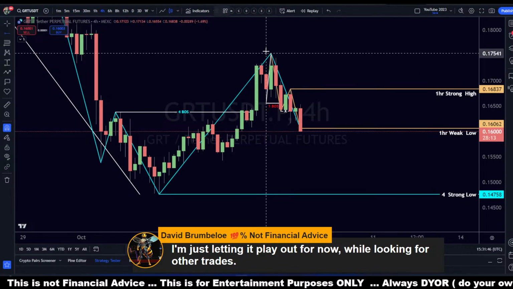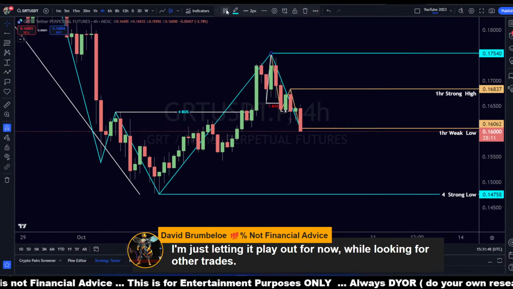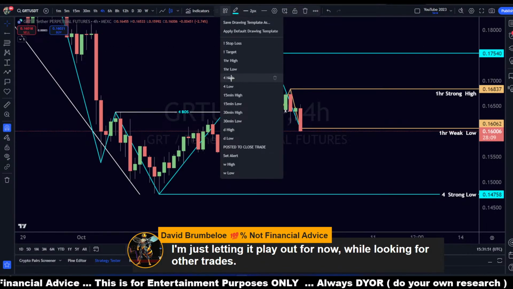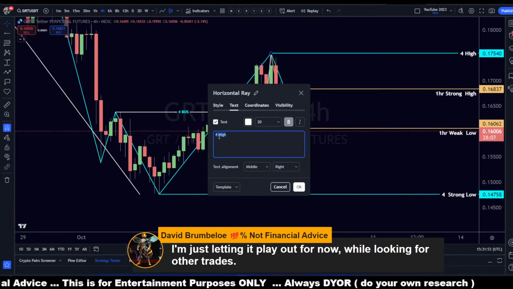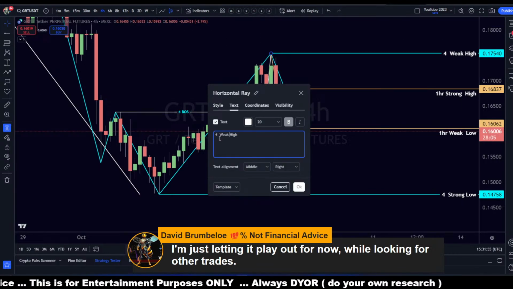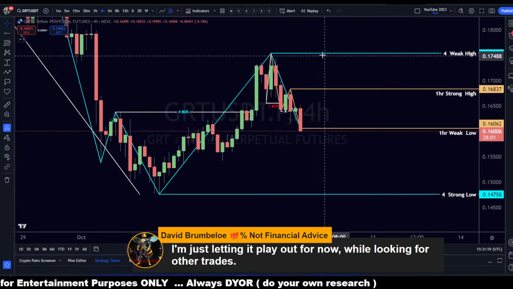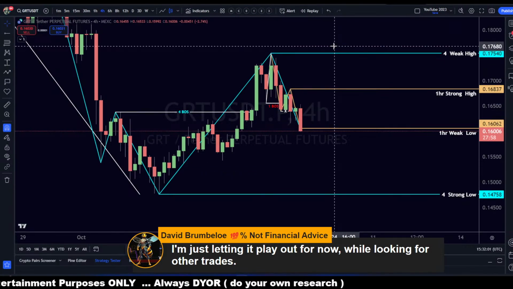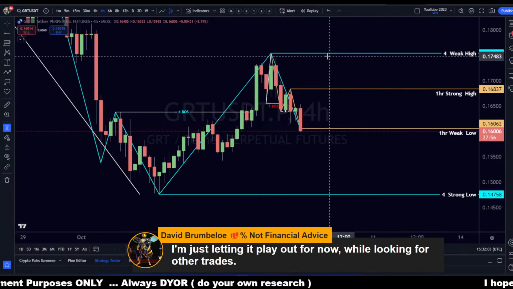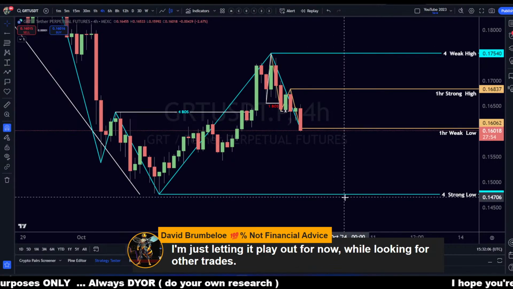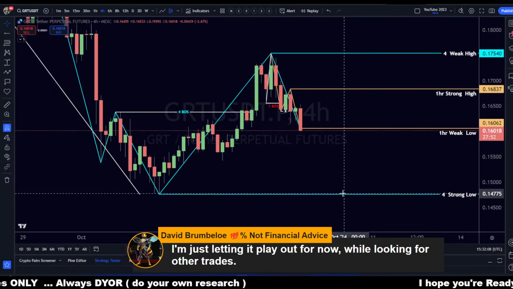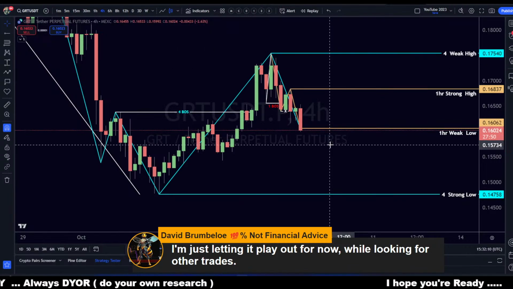Let's label that one as well. This is our 4 hour high, and this is our weak high. We anticipate that hopefully it continues going up, but we won't know. This won't be a weak high if the price action breaks below this, because then everything changes.